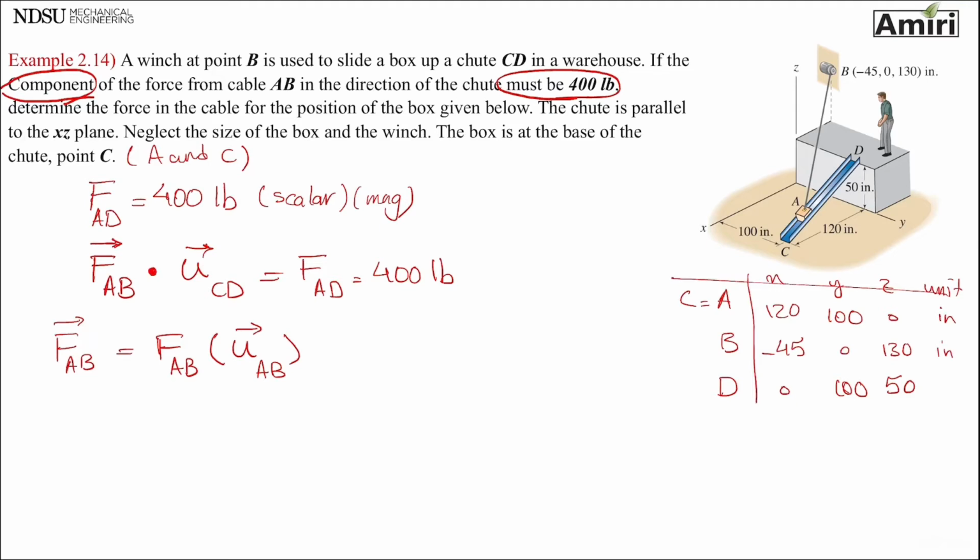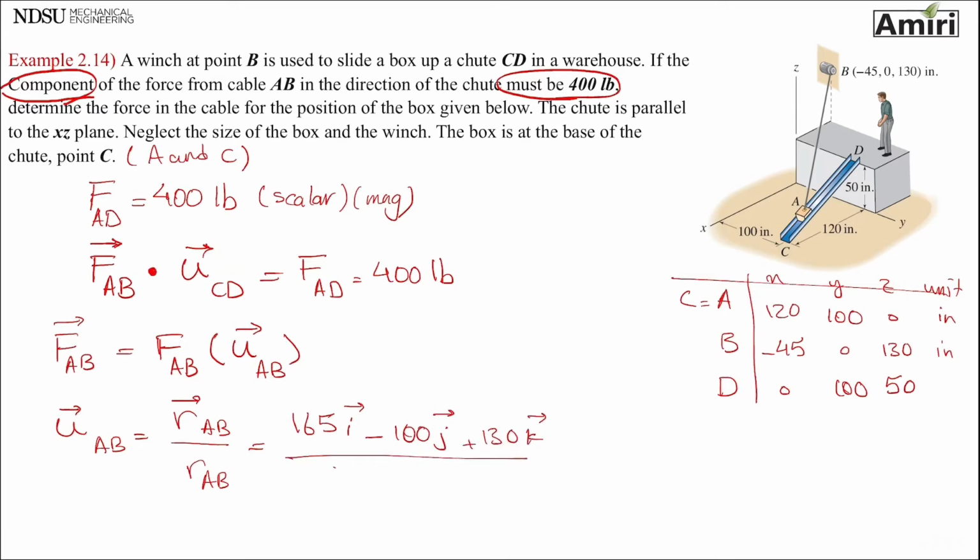This is just simple magnitude times the unit vector of AB, which is what we have to find. Position vector AB, and the magnitude of the position vector AB. I'm going to do this much quicker now. So our AB is going to be 165I minus 100J plus 130K. The magnitude of the position vector is going to be 232.6 inches.